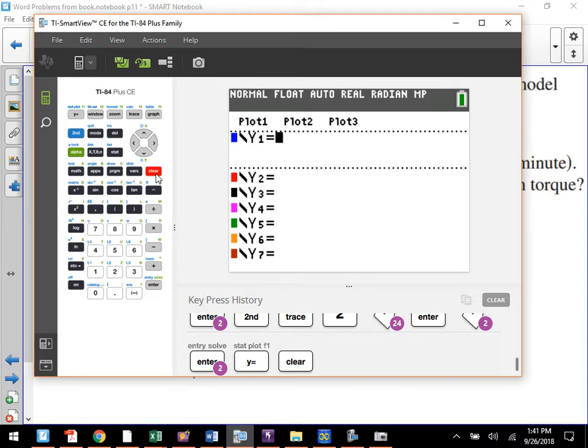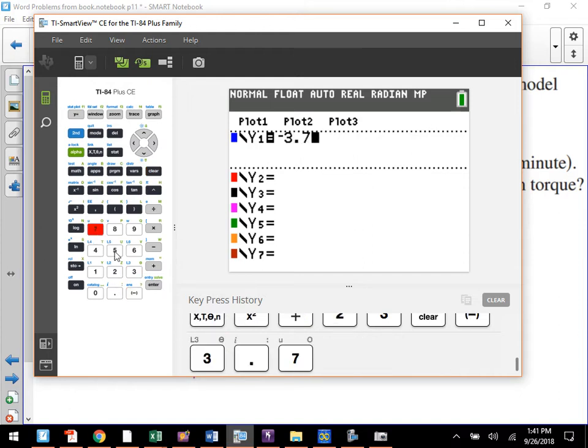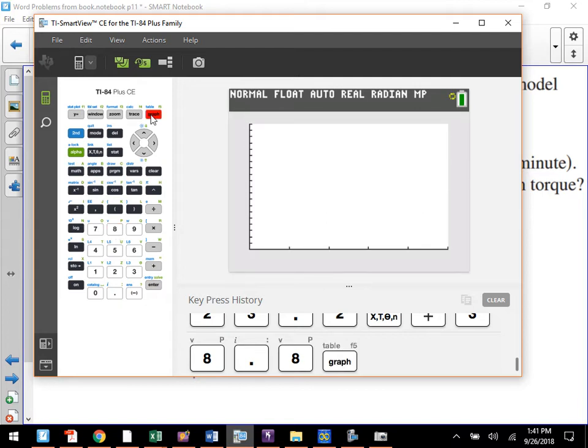it was, negative 3.75x squared. And if we graph that, it's not showing up in my window because I have it set from a problem from earlier.